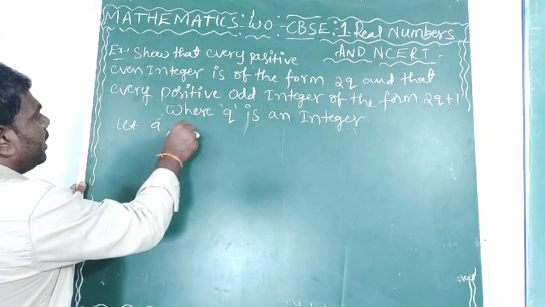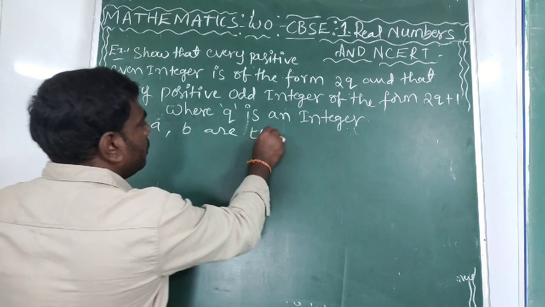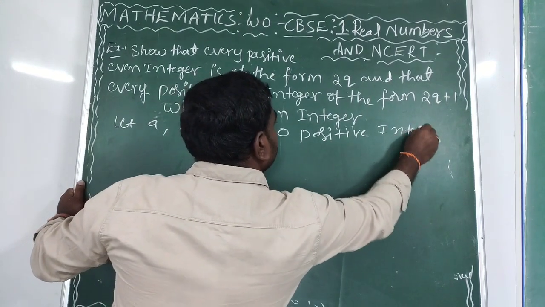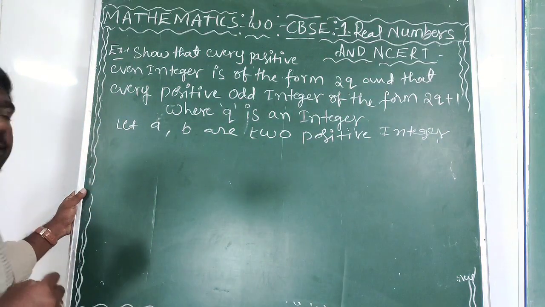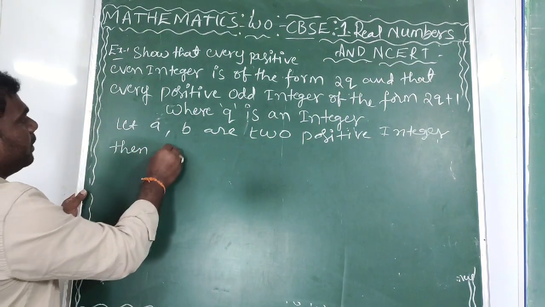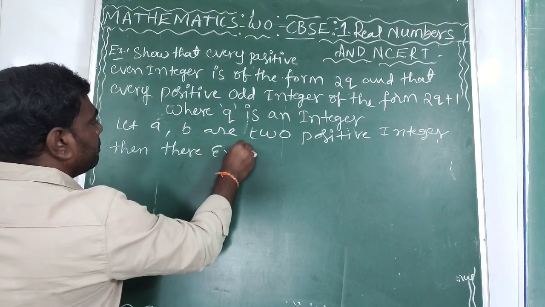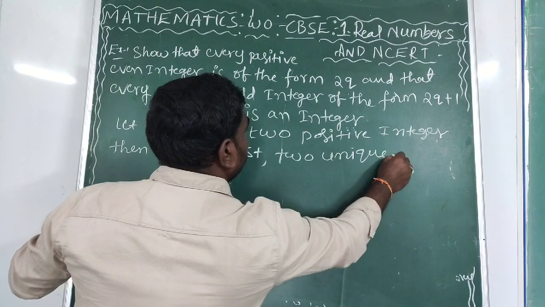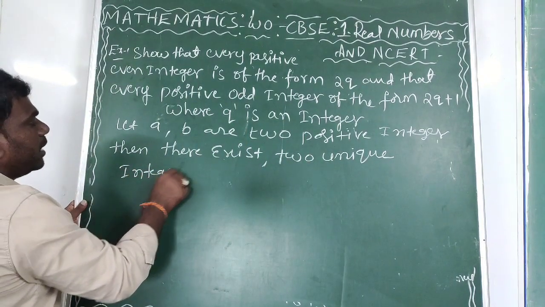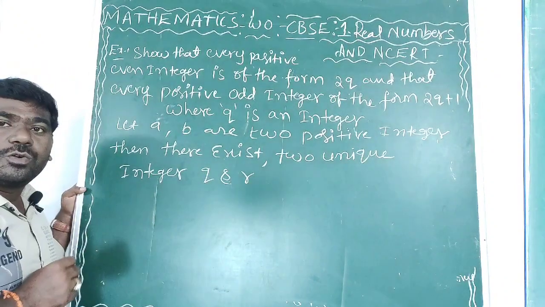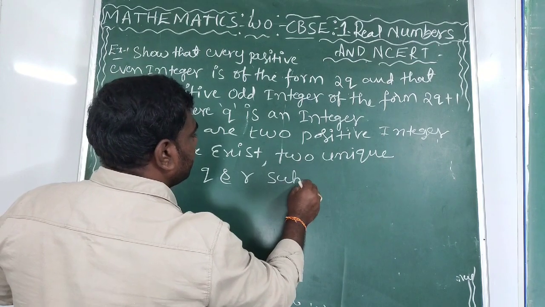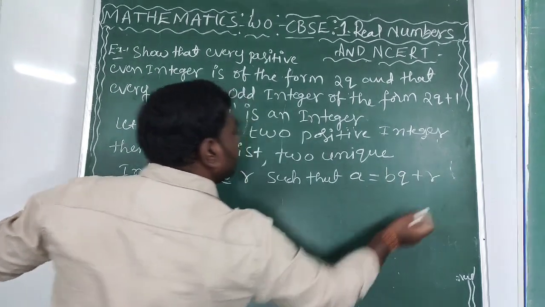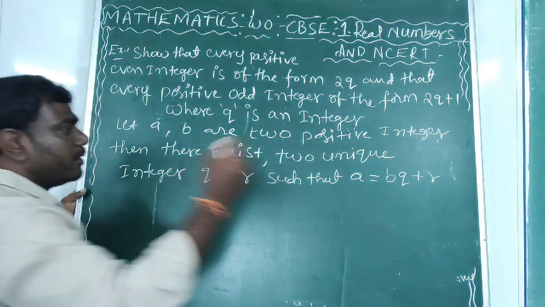Let A and B be two positive integers, then there exist two unique integers, Q and R, such that A is equal to BQ plus R. What is the condition on R here?